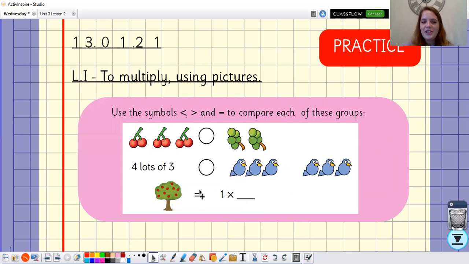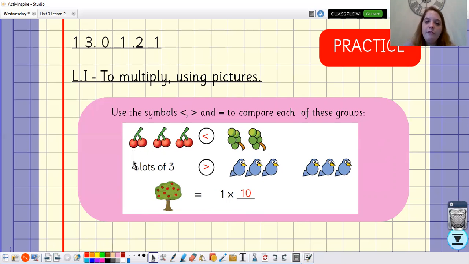Okay, hopefully we've managed to have a go at comparing some of those groups. Okay, so the first one here, we should have the crocodile's mouth pointing at the grapes. The total of the grapes is 10. The total of the cherries is 6. So that's why the grapes is greater.